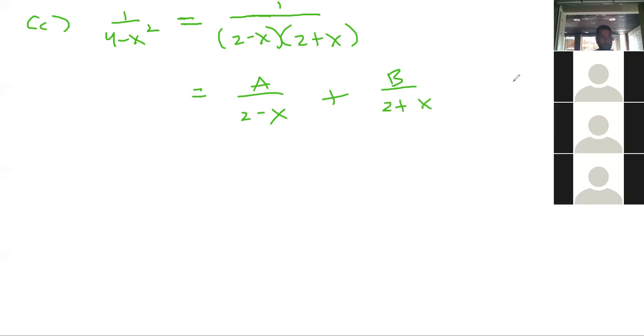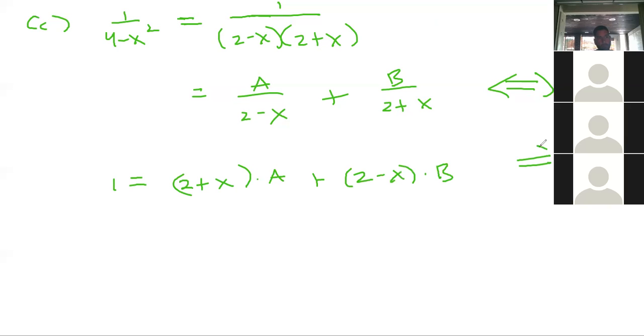And we want this stuff to be the same. So by partial fractions, this means I have to have 1 equal to 2 plus x times A plus 2 minus x times B. And we do this thing called matching coefficients where we're going to rewrite this now.